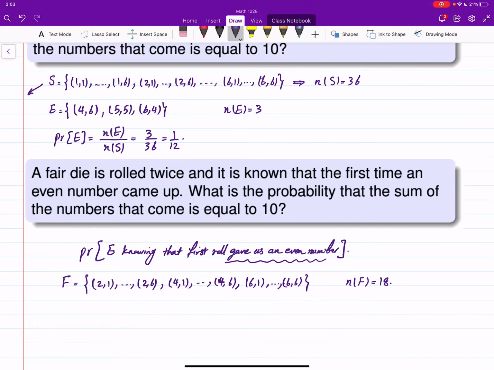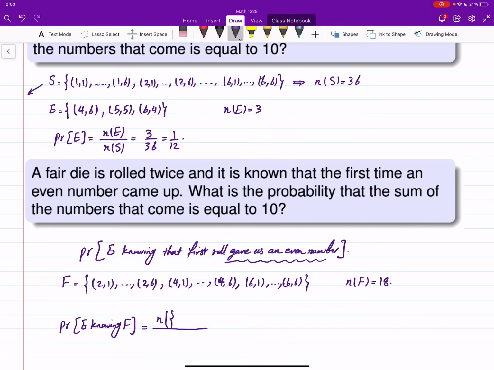Okay, how is this going to help us? Well, we are looking for the probability of E, knowing that we are working with F here. What are the possibilities of E for which the first number is even?